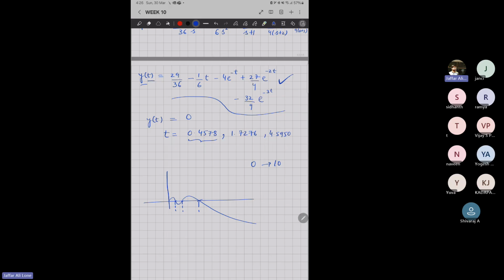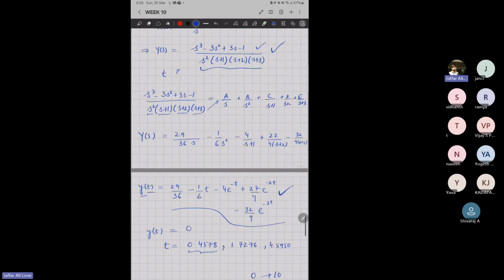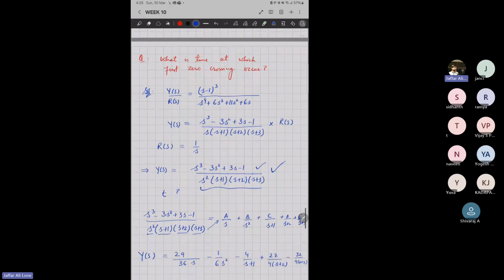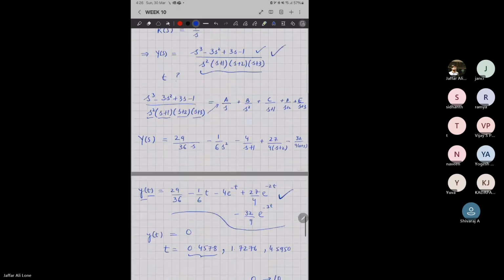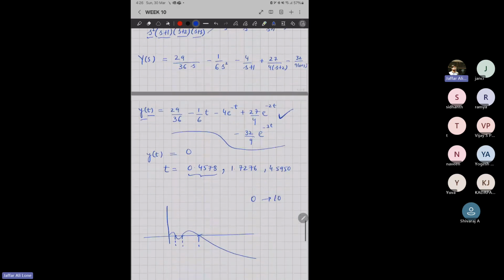But the basic point is you should be able to find the approach. The approach is, okay, you're asked about y of t. So you'll first find this y of s, take the inverse Laplace, find y of t, and then just see when this y goes to 0, find the value of t.